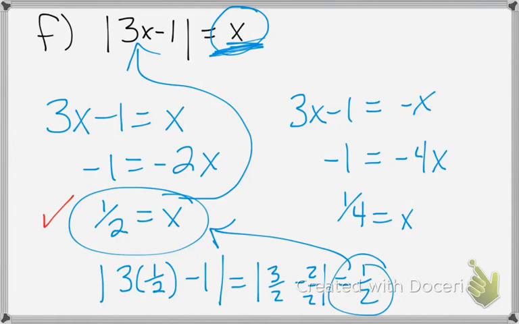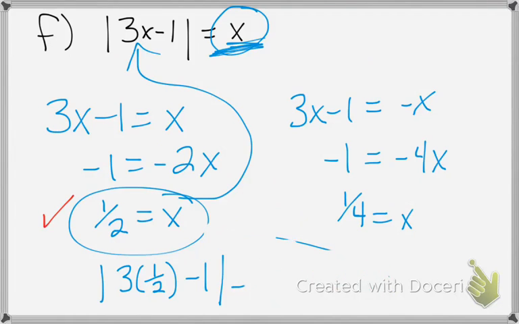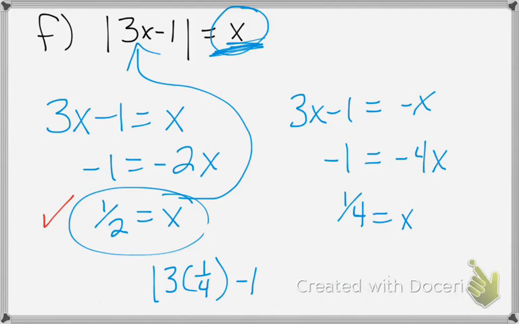Now I need to check my second answer, the positive 1 over 4. So I'm going to set it up the same way where I have the absolute value of 3 times 1 over 4 minus 1, and I should have positive 1 over 4 as my result this time.